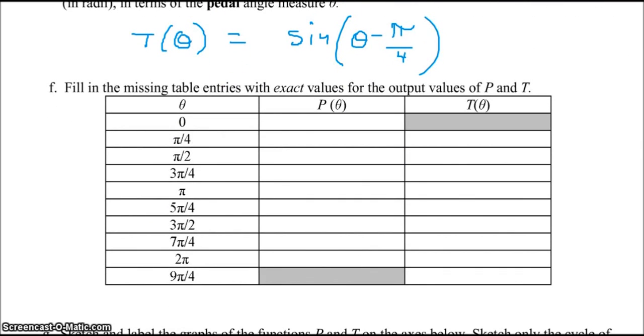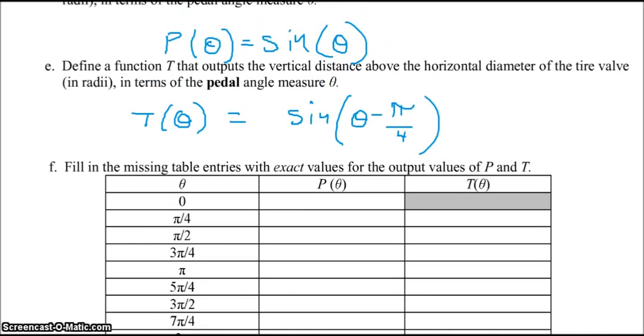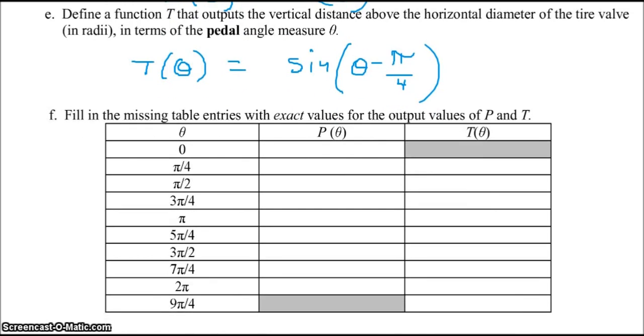Fill in the missing table entries with exact values for the output values of p and t. Well, p of theta is the pure sine function. Now, I don't know how you guys are supposed to know the exact values unless you use the unit circle. This could be a good time to introduce the unit circle and make you guys memorize it. We probably have to do that sometime soon. Probably sine of 0 is 0.